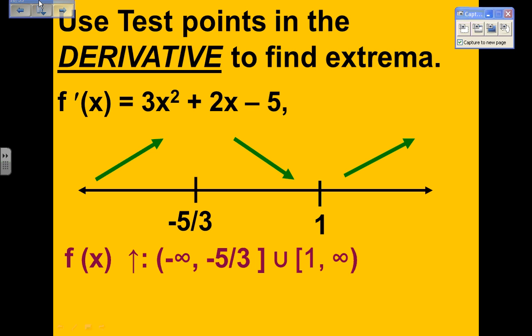I don't use brackets. I use parentheses. The book uses brackets. I don't. And then it's decreasing from negative 5/3 to 1. See, I don't think a point can be increasing and decreasing. I think it's going to equal 0.